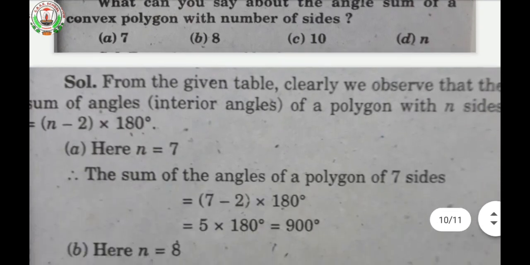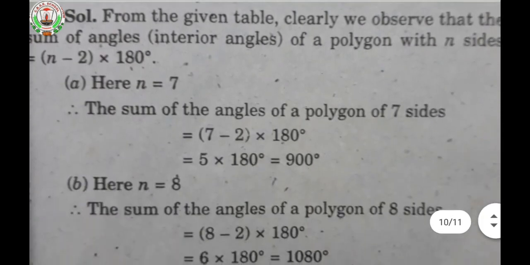So what is the formula to find the angles? That is the interior angles formula. Beforehand I had given you the formula, isn't it? From there only we are going to take the formula to solve question number 4. So what is the formula when the number of sides is given? The sum of interior angles is equal to (n minus 2) into 180 degrees. Here the n value is 7, so in place of n we keep 7.